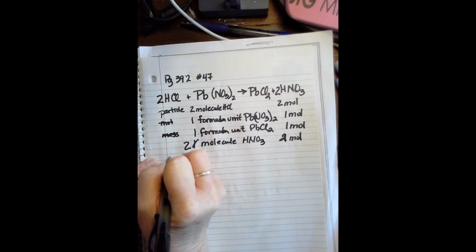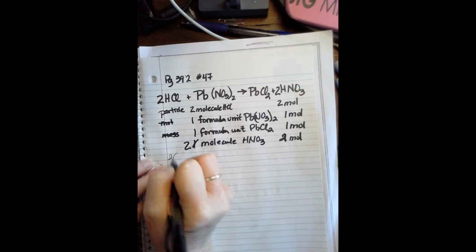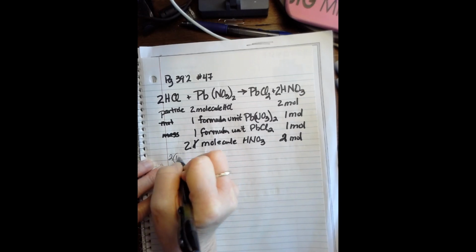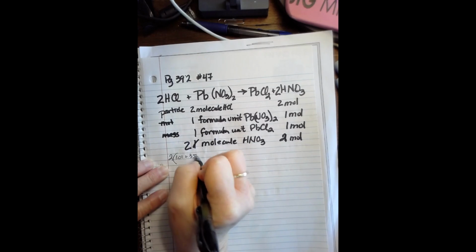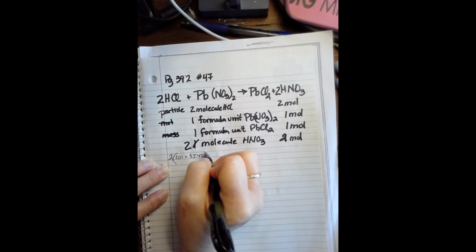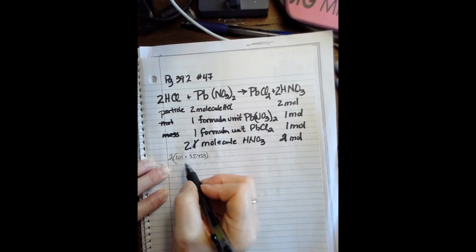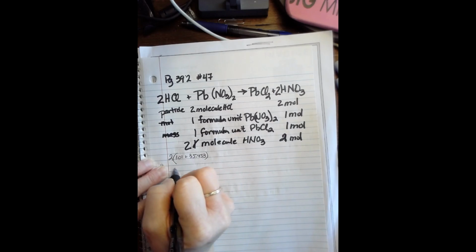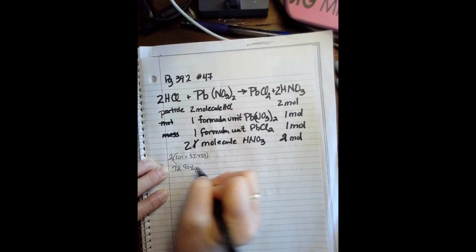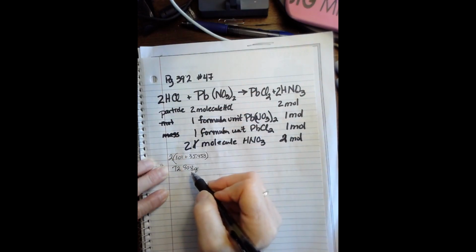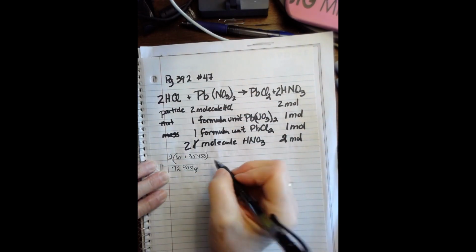So here we would have 2 times 1.01 for the hydrogen plus 35.453 for the chlorine. So that would be a total mass of 72.908 grams represented by the hydrochloric acid.